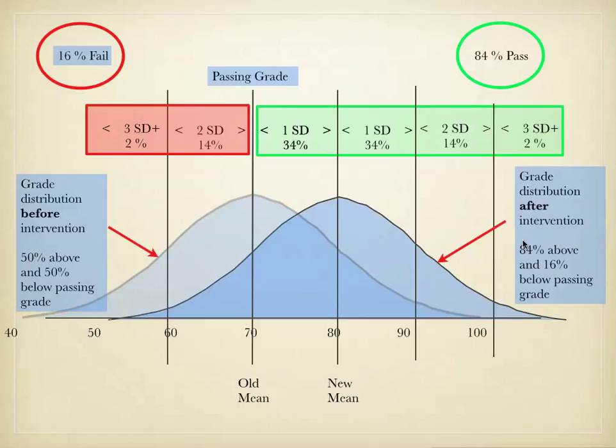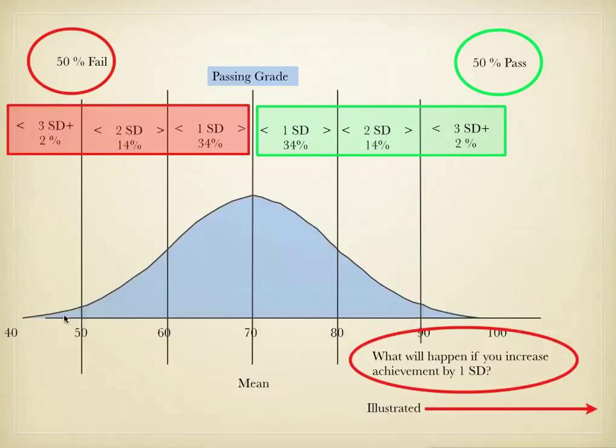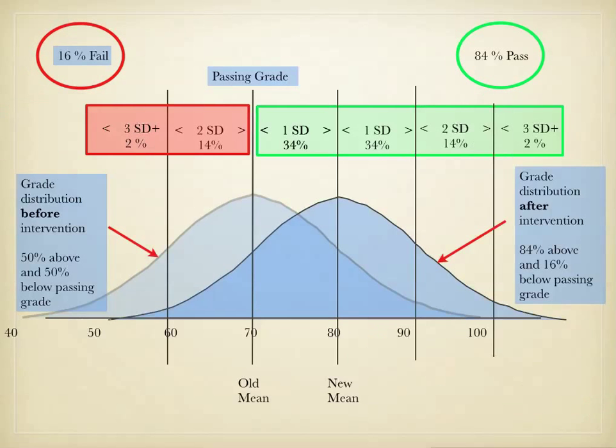It's 84%. So before, 50% were below and 50% above. Now with this new intervention raising test scores by one standard deviation, you have a greater number of students who are above the old mean, which was the old average score.